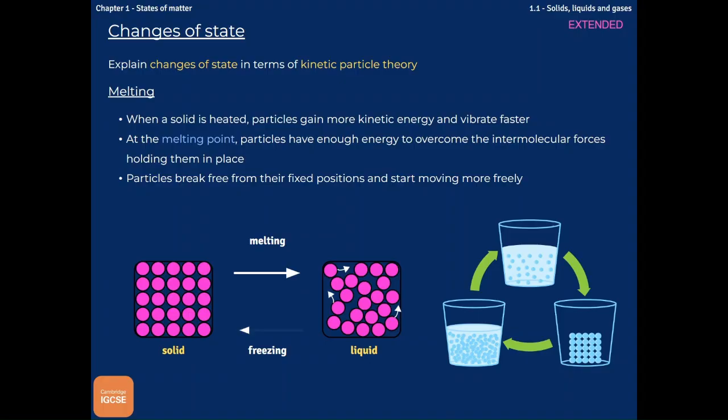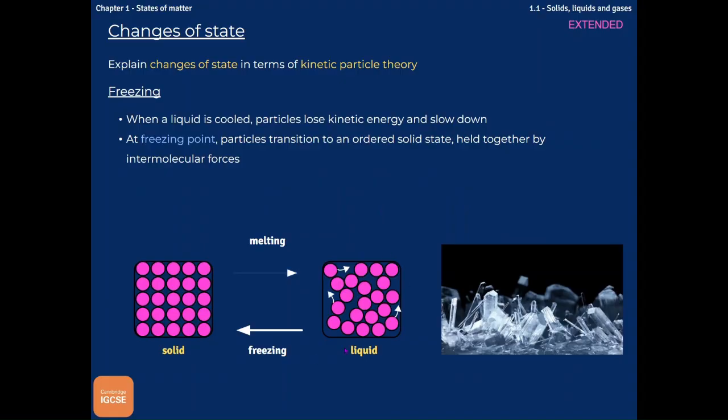You can imagine that happening at a very tiny, molecular level. That's what's happening at the melting point. The heat energy, coming from something like a fire, is giving all of these particles energy. Eventually, they get enough energy to break free from their fixed positions and they start to move more freely. And that's what we call a liquid.